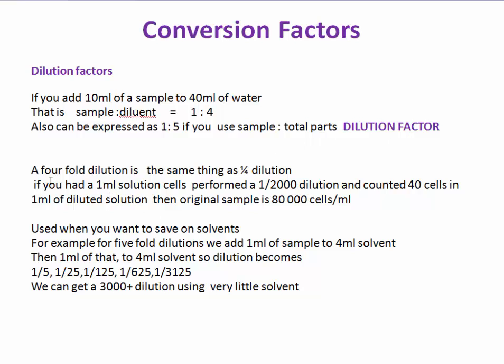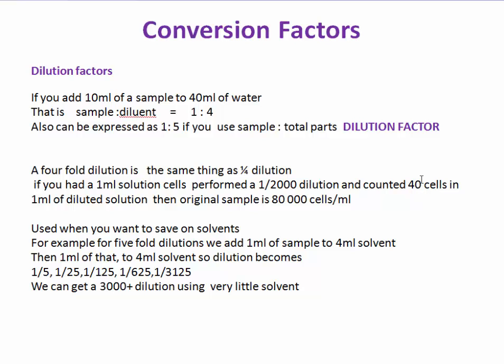A 4-fold dilution is the same thing as a quarter dilution. And in this example, if you had 1 mil of a solution of cells, so you've got so many cells in 1 mil, and you performed a 1 in 2000 dilution. In this diluted solution, you took out 1 mil, counted how many cells there were, and found that there were 40 cells in that diluted solution.